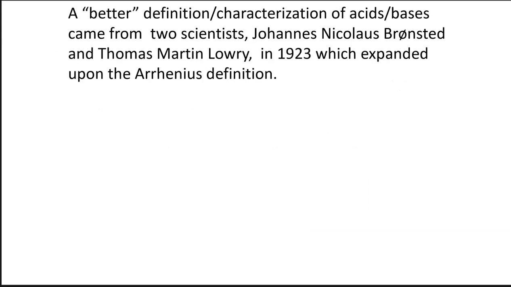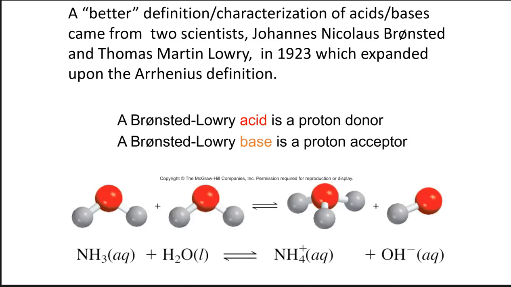And that development came in the form of 2 scientists named Bronsted and Lowry, who didn't actually work with each other, but they developed a better definition of an acid and a base at the same time in 1923. And what Bronsted-Lowry said was, rather than talking about H+ and OH ions, that an acid is anything that donates a proton, which is essentially an H+ ion.